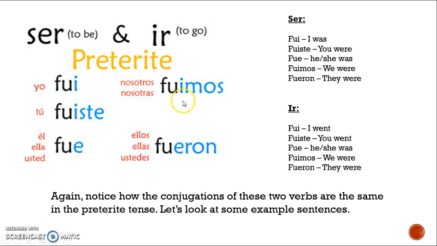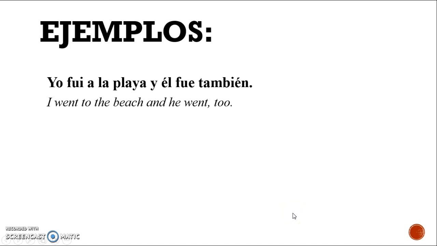So notice they're kind of similar, but a little bit different. Why? Because it's an irregular verb. Ser is irregular, ir is irregular, which means they don't follow the regular pattern of verbs when you conjugate them. Okay, so irregular verbs you just have to memorize. So memorize how to conjugate ser right here and ir in the past tense.